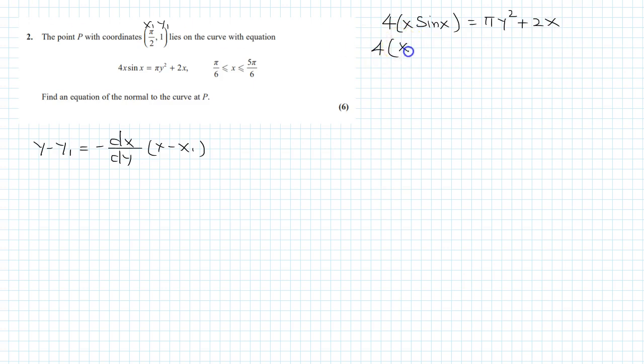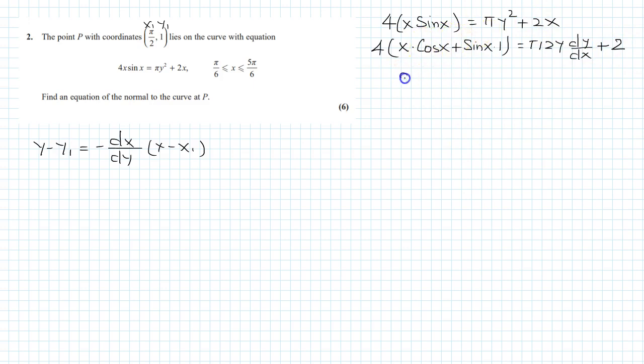First function is x and differential of second is cos x, plus second function sin x, differential of first is 1. That's the way I remember these formulas. Is equal to pi, differential of y squared is 2y dy over dx, plus 2x is 2.